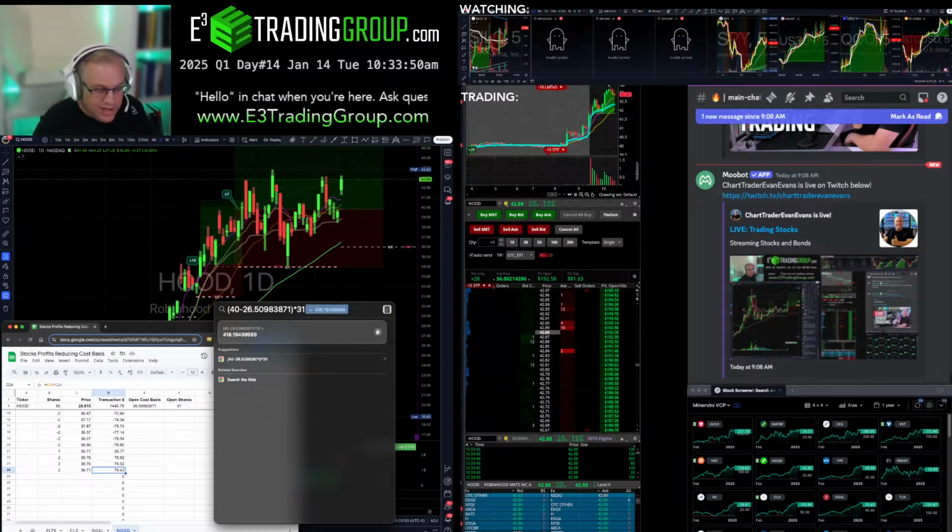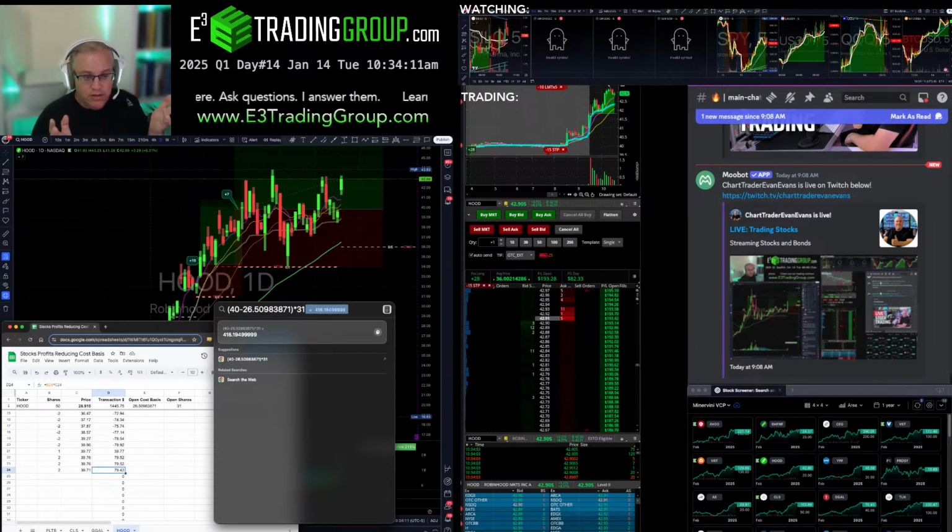So it roughly came out to exactly the same difference. It didn't make a difference whether you added on and increased your open cost basis and now have more shares, and the difference between that new point and where you're at is such and such profit.